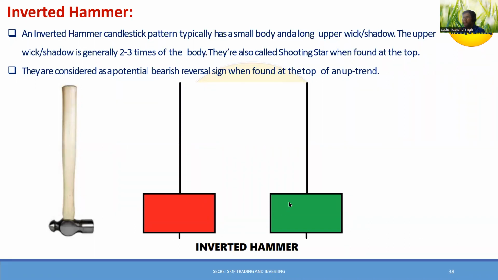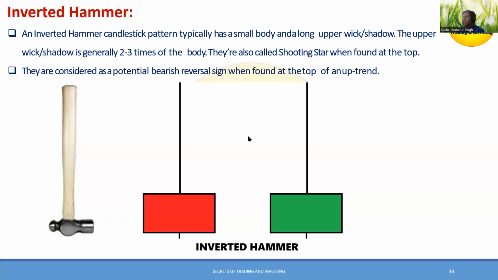Typically the body of the candle is smaller, and the wick is around 2 to 3 times longer than the body. And here once again, the color of the body does not matter. It could be red or green. In both conditions, it will be treated as an inverted hammer.